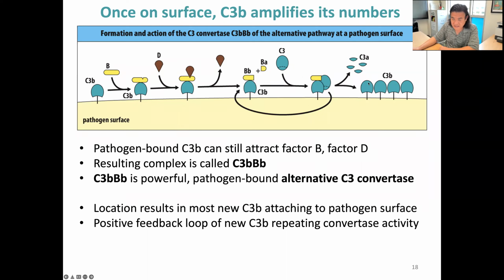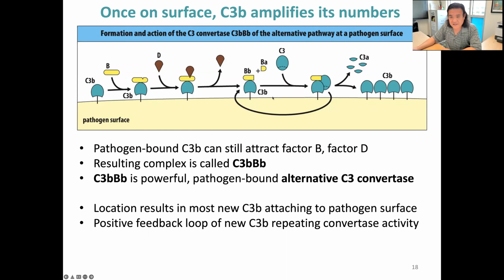Importantly, each one of these C3bs can also turn into a convertase complex. So once this starts going, very rapidly, you would get this spread or coating of the surface of the bacteria with C3bs, right? You are now putting the Velcro on the surface.